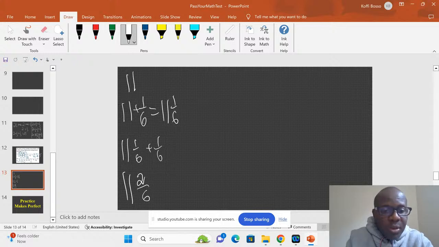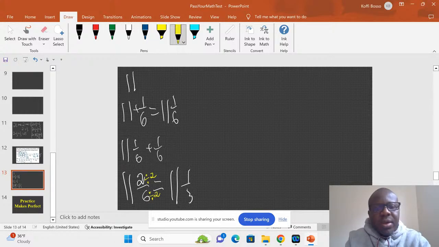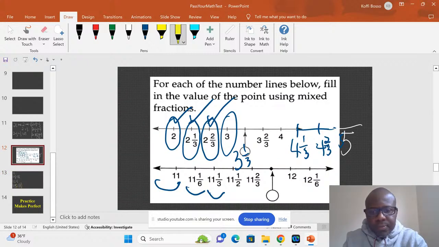If you simplify 2 over 6, you get 1/3. We do this by dividing 2 by 2, because 2 goes into 2 and also into 6. That's why we have 1/3, which is the case here. So after 11 and 1/6, you have 11 and 1/3.